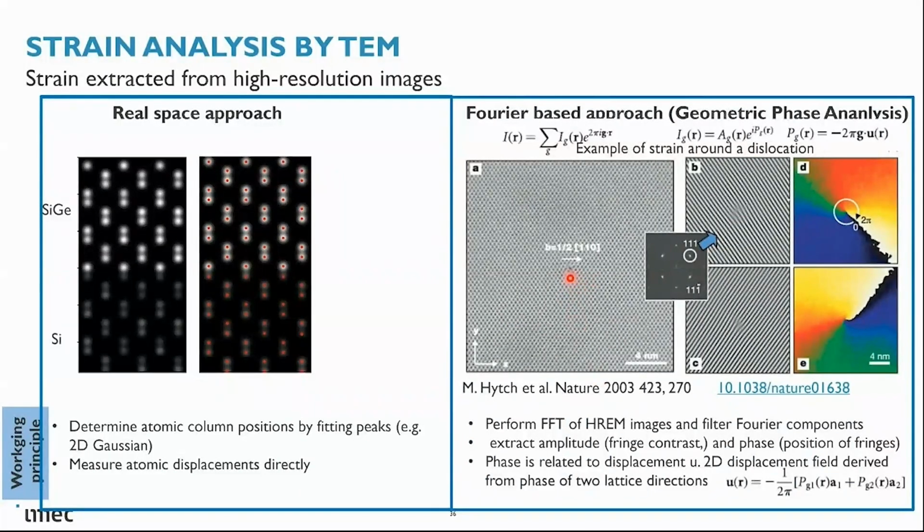This is an example of the study of a dislocation and strain around the dislocation. So we take a high resolution image, and then we perform a Fourier transform, and then we filter the Fourier components, and we extract the amplitude and the phase. And the phase is related to the displacement and strain.